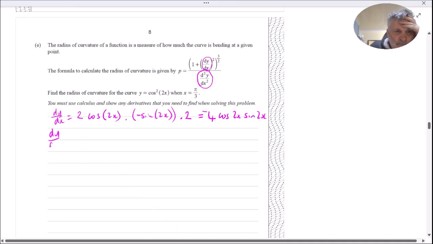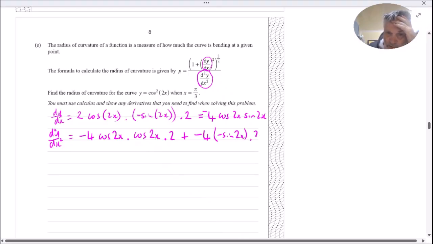Now when we differentiate the second time, this is a product, so we have to use the product rule. So it's minus 4, write down the first, differentiate the second, so that's cosine 2x, and then multiply by 2, and then plus, let's differentiate the cosine, so it's minus 4 times minus sine 2x times 2, and then write down the second one.